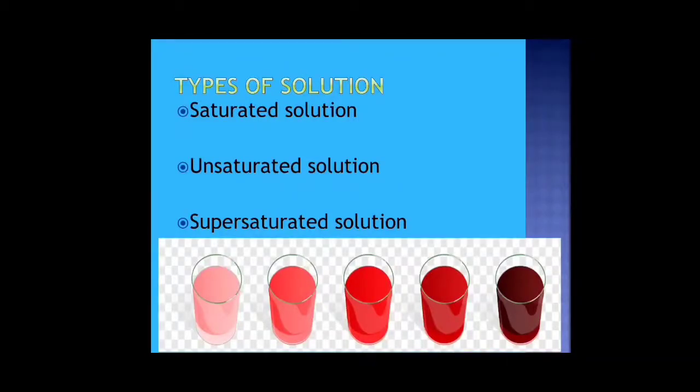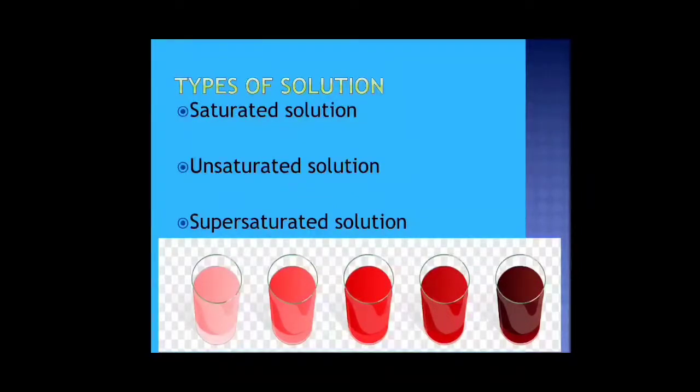The last one here is supersaturated. Now once you have a saturated solution and if you keep on adding more solute to it, what happens? It is just going to settle at the bottom. But now if you heat it, we have seen in kinetic energy theory, when you start heating, the molecules will start vibrating and there will be a little more space between the molecules.